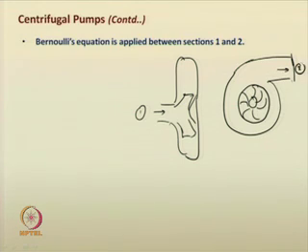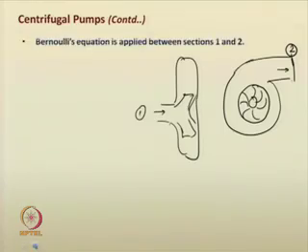This is your section 2. So at the inlet the impeller blade is there, and at the outlet after passing through the diffuser you can assume it as section 2. It could be a pipe or any other water carrying source.